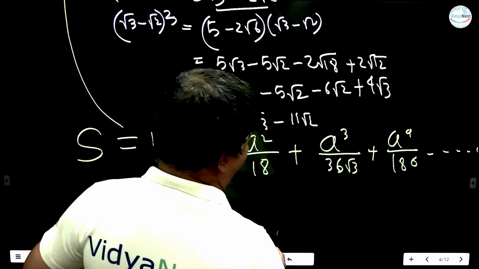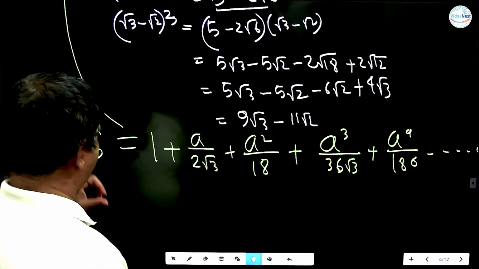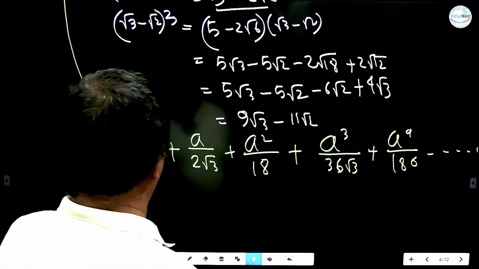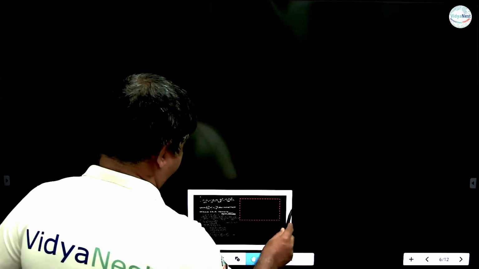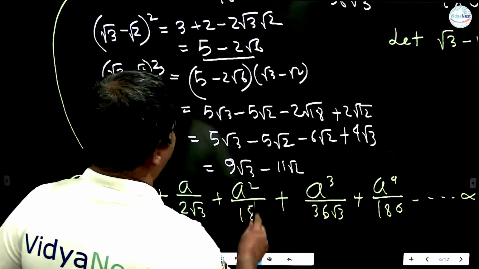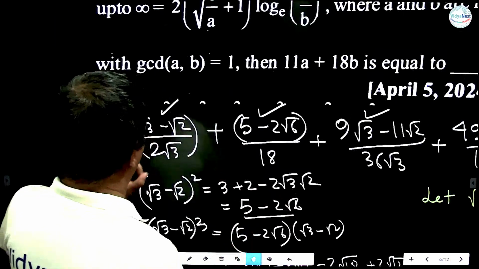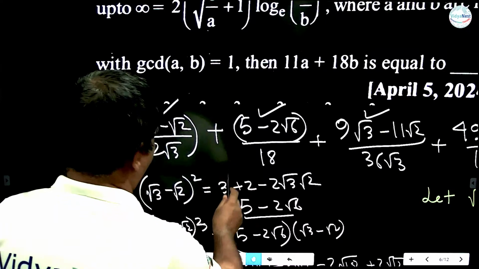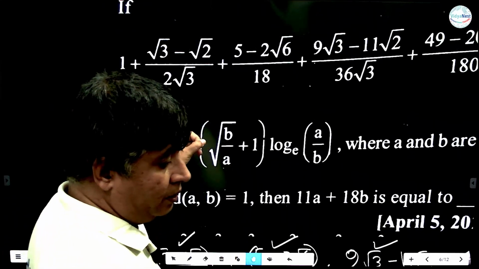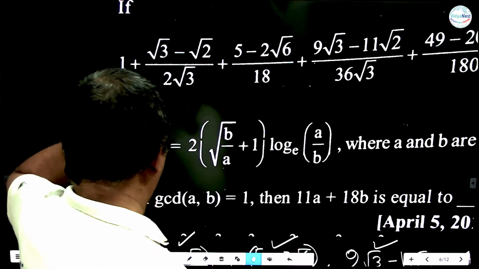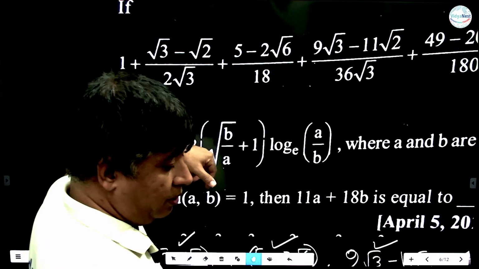Other terms are coming. Only one term we are having trouble with. Okay, we'll see it later. Understood? There is one ambiguity at the time of printing. Something is missing. Okay. We'll do this in the next step. Got it?